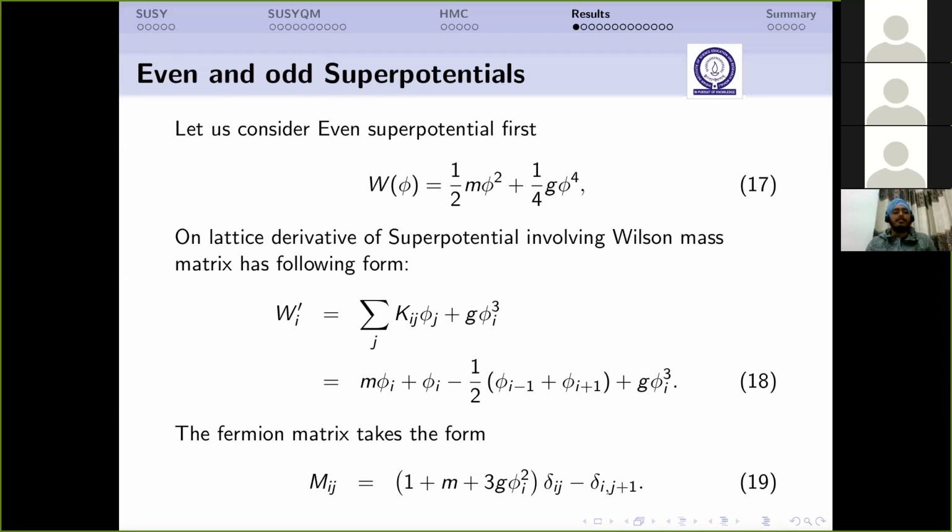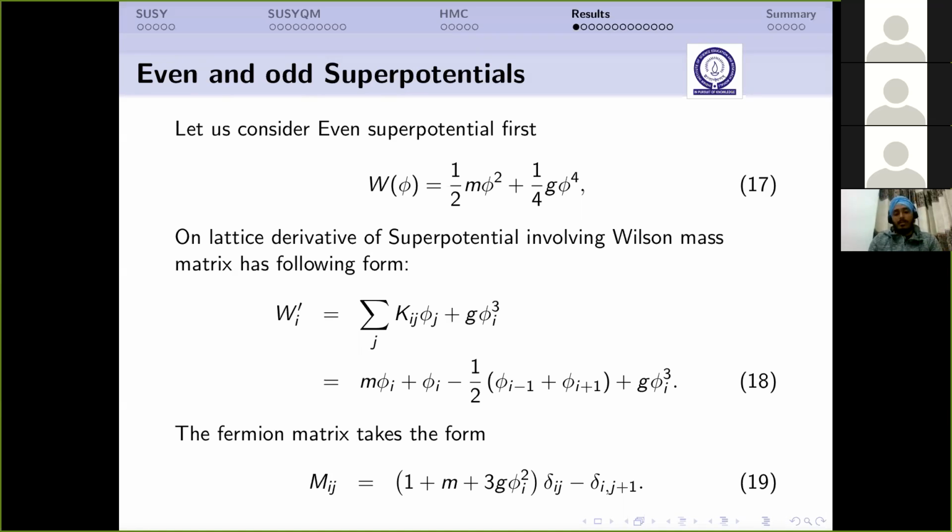The fermion matrix here is important, because in certain cases the fermion matrix is not always positive definite. We can typically call that a sign problem, when the fermionic matrix is changing sign in the simulation. Sometimes it's positive or negative.